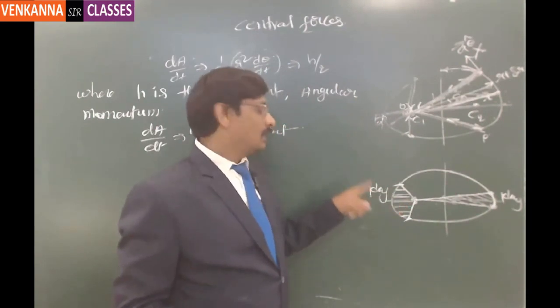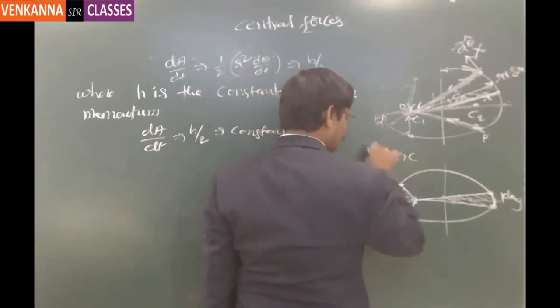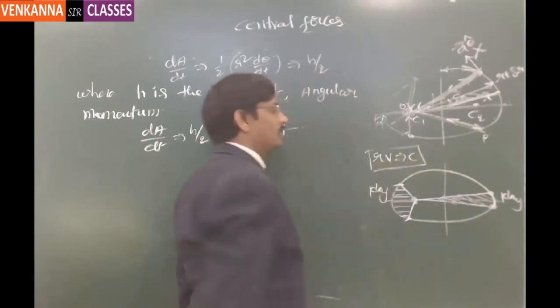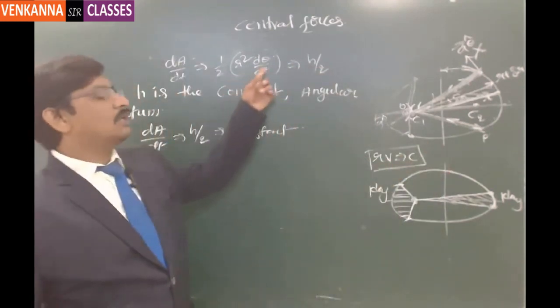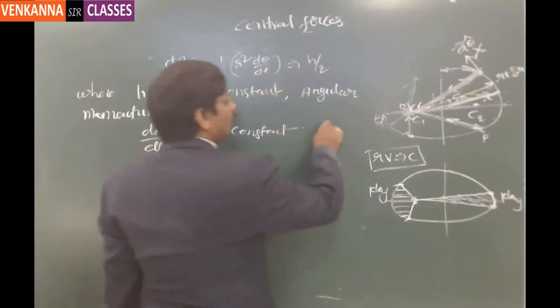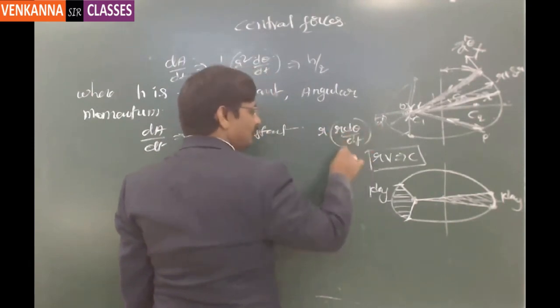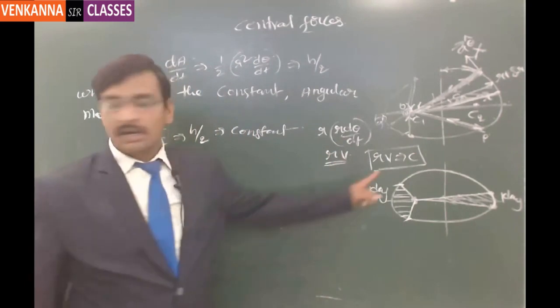Why? Because the product of r into v is going to be a constant, which is the angular momentum. So r square into d theta by dt is nothing but r into r d theta by dt. So r d theta by dt is v, which is the peripheral velocity. This rv is going to be a constant.